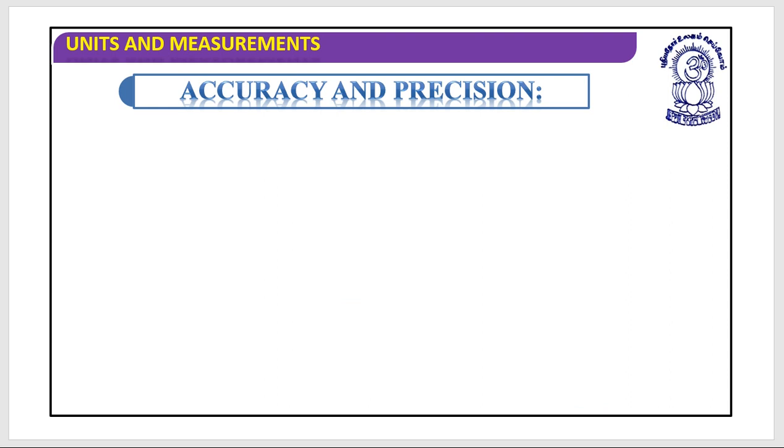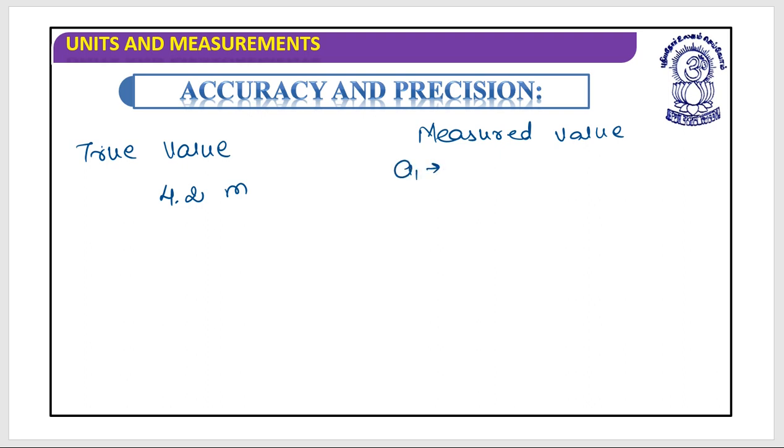Let's say the true value is 4.2 meter and the measured values are as follows. The first observation says 4.1. The second observation is 4.4. The third observation, let's say, is 4.0.